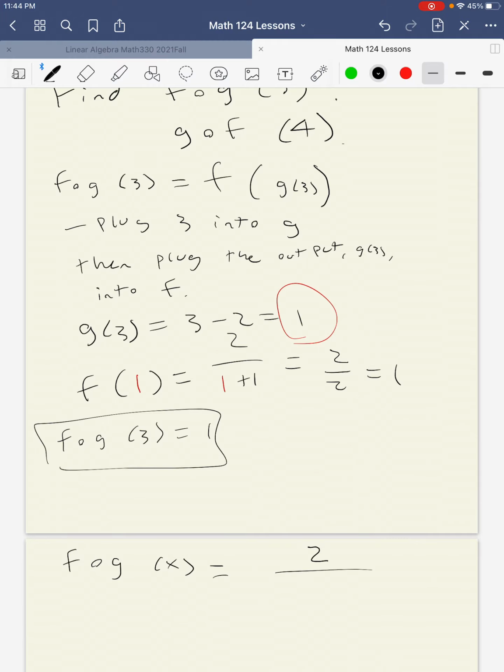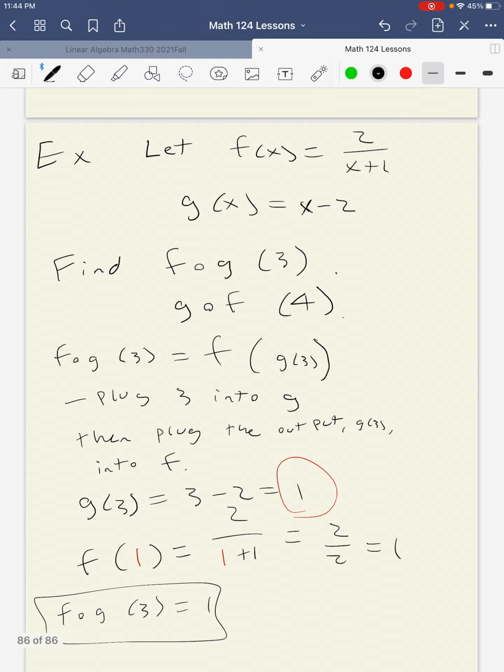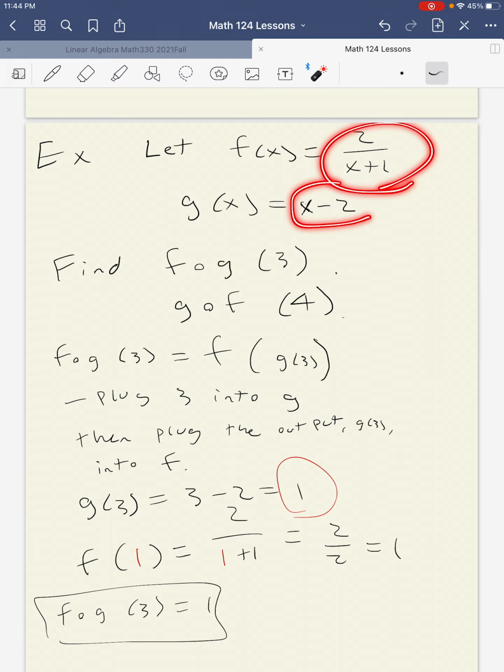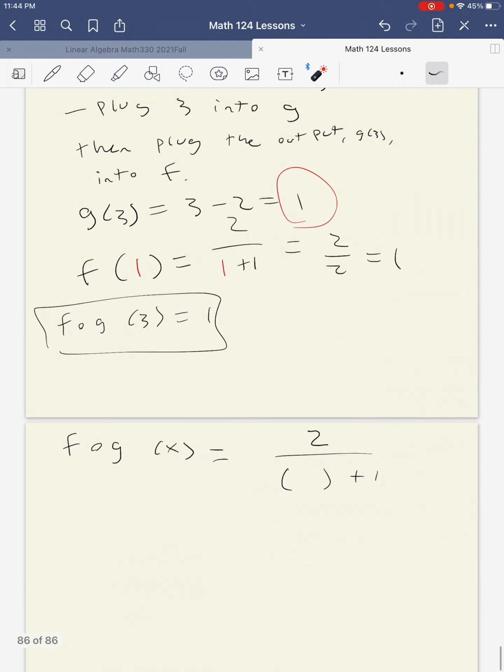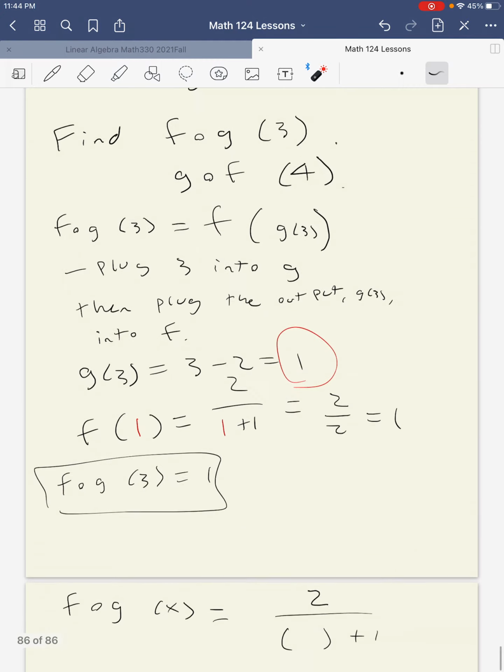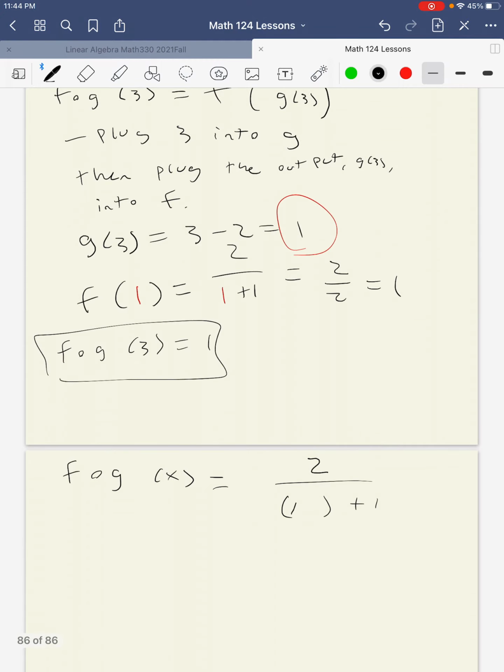The outer formula was 2 over an input plus 1, right? That's our outer function. Now we're going to plug this inner function into the outer function. The inner function is x minus 2. So f of g of x is 2 over x minus 2 plus 1.